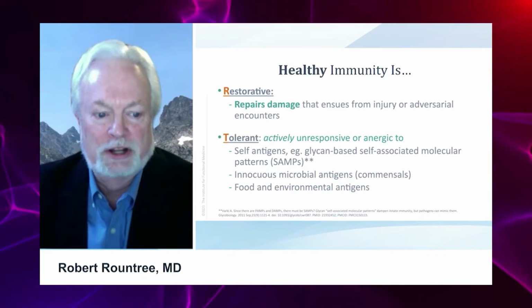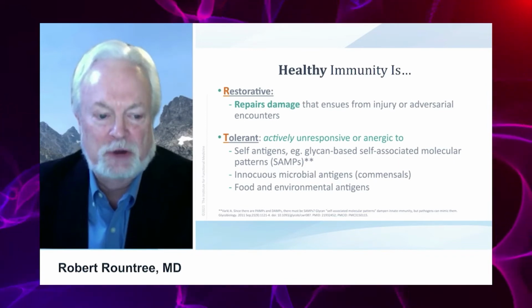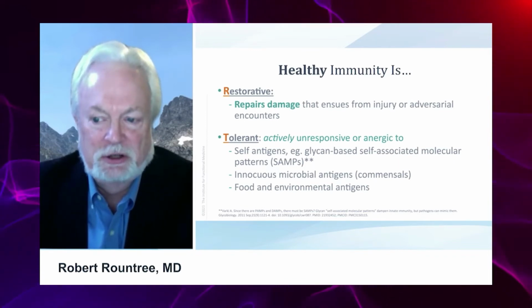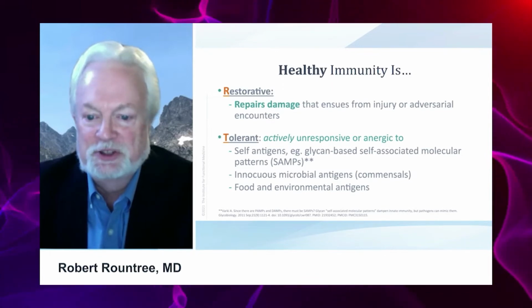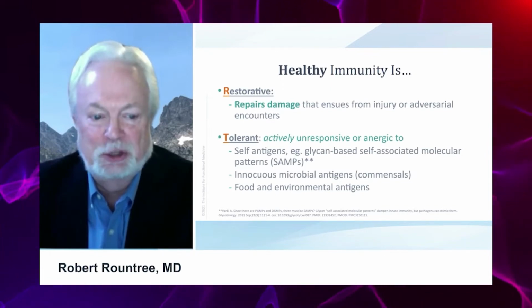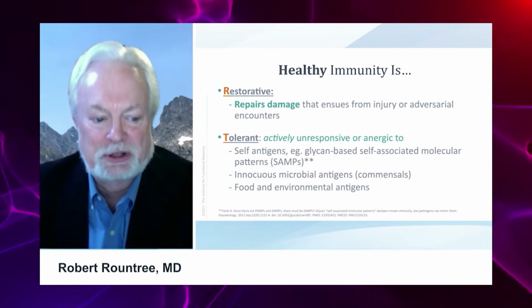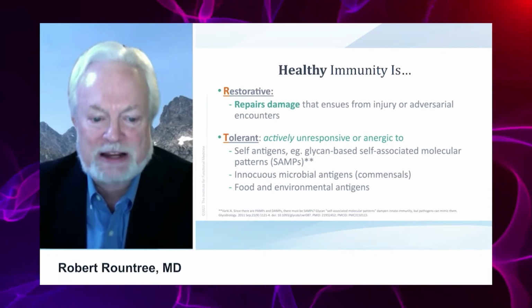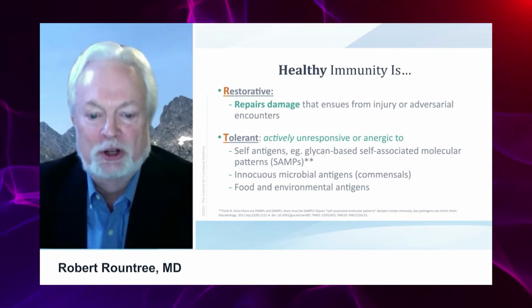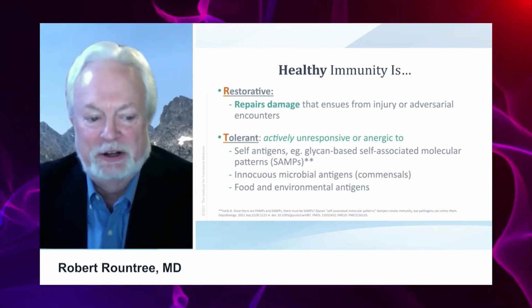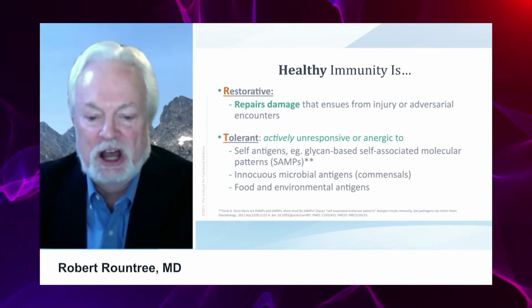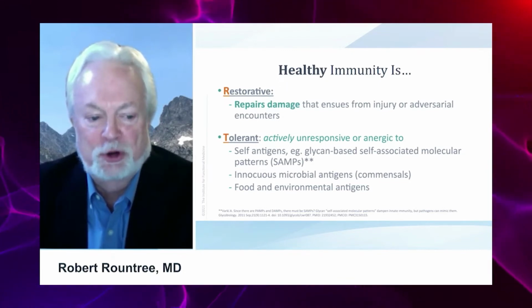What is it recognizing? It's recognizing self-antigens, and specifically self-associated molecular patterns, sometimes called SAMPs. It's also recognizing microbial antigens from commensal bacteria that normally populate the gut or the skin or the respiratory mucosa.